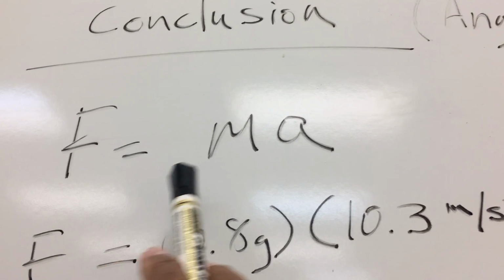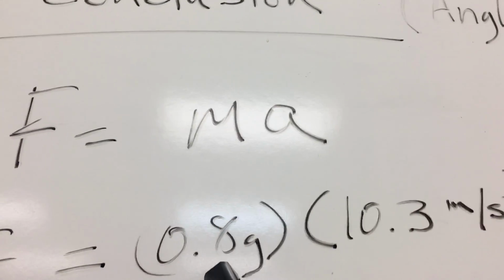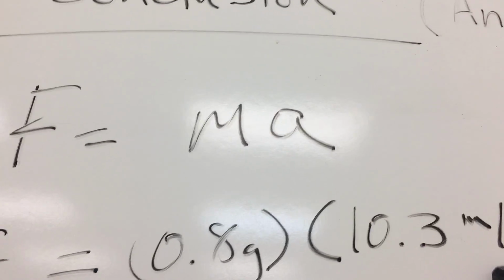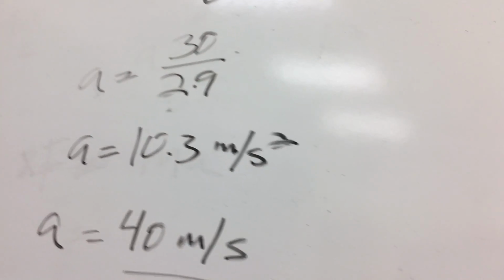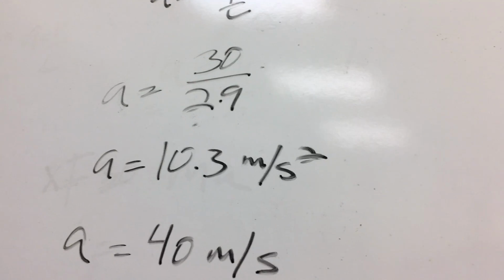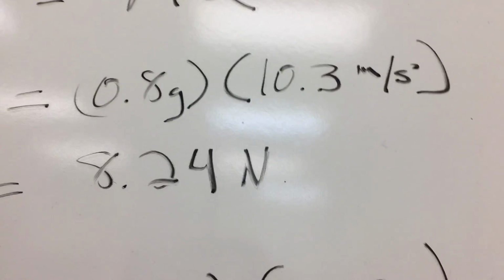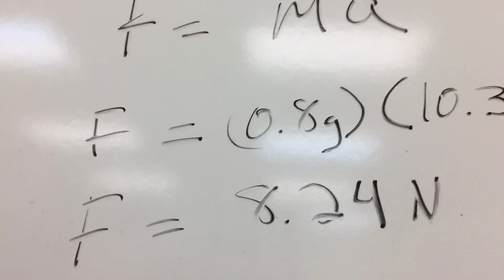So we'll use the equation force equals mass times acceleration. Here, force is equal to 0.8 kilograms, which is the weight of the bat, multiplied by 10.3 meters per second squared, which was the acceleration we got from the first equation. As you can see, the force acting on the ball is going to be 8.24 newtons.